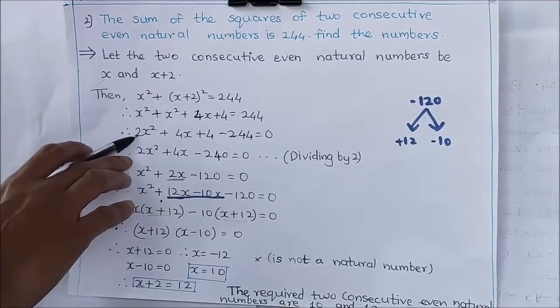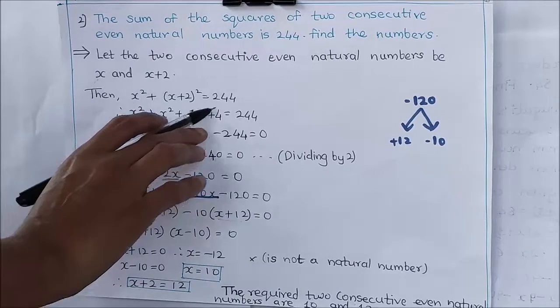Now x square plus x square is 2x square plus 4x plus 4.